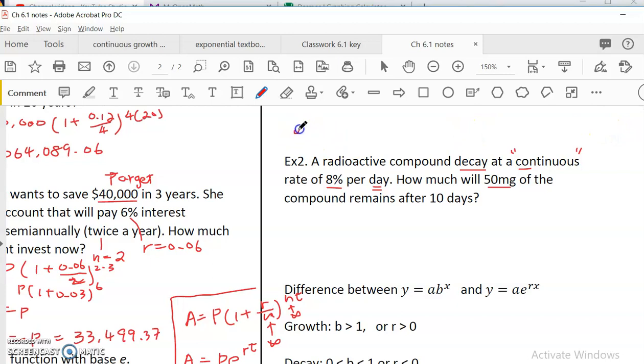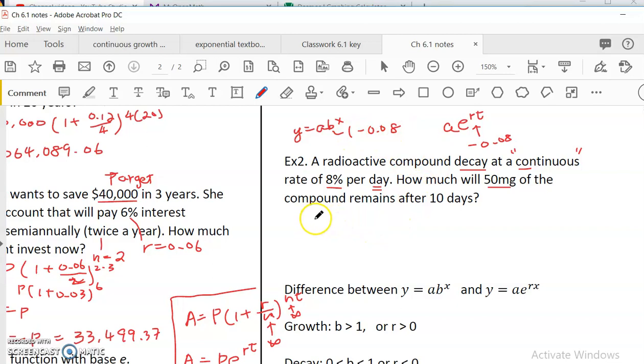In the a b to the x model, not continuous, it would be 1 minus 0.08. But in the a e to the rt model, your r is just negative 0.08 for decay. You don't have to say 0.92.